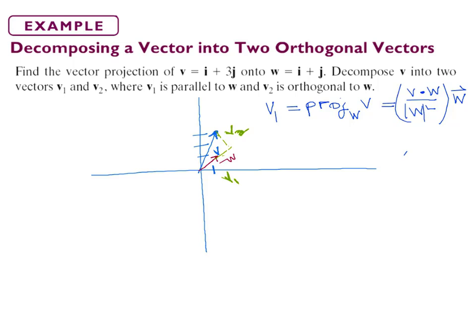All right, so now let's put in some numbers here. What's v dot w?